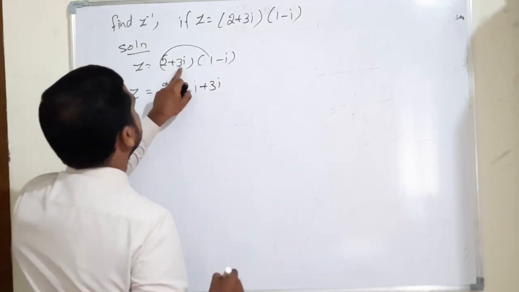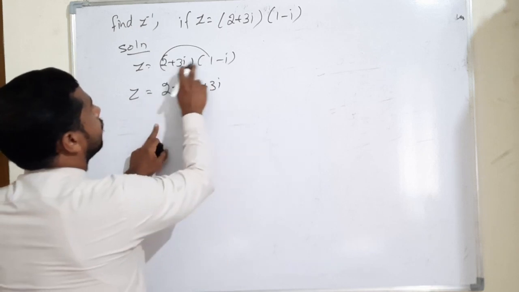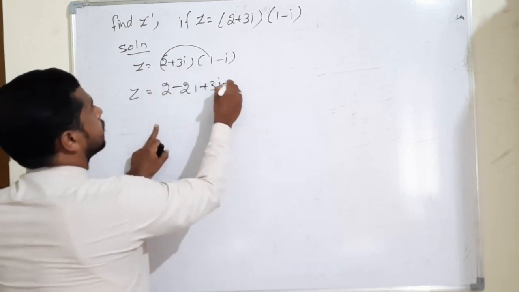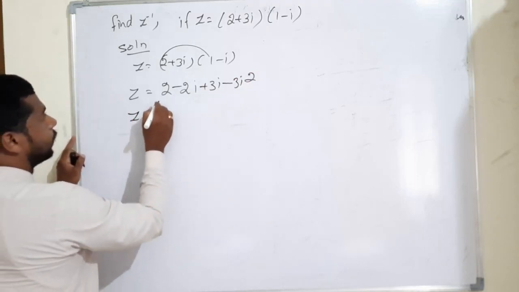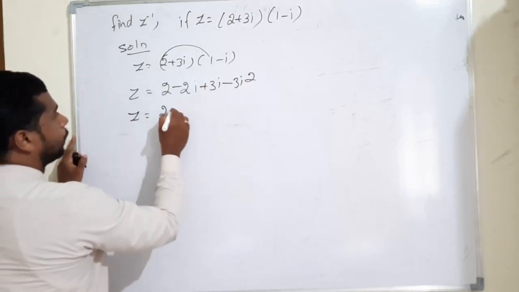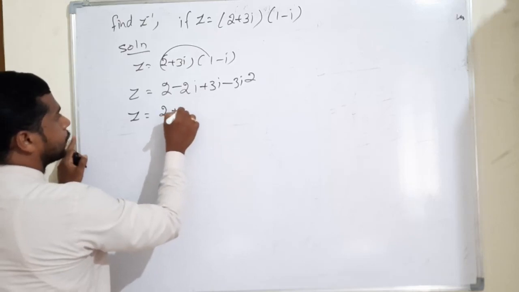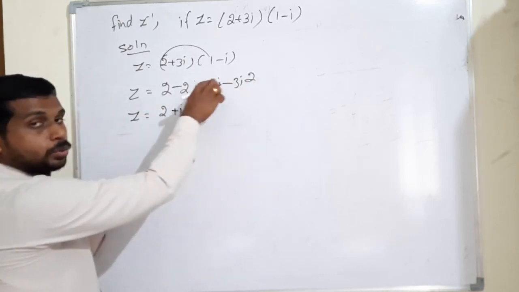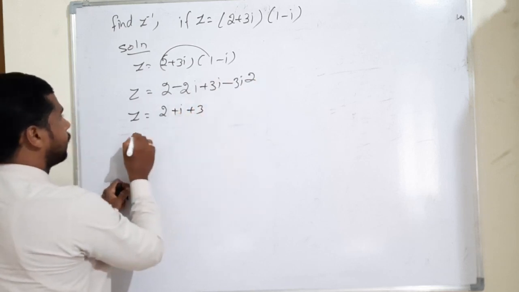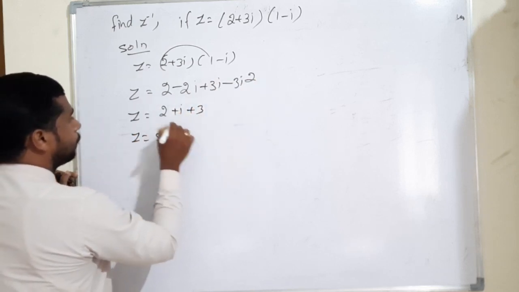Then listen very carefully: plus into minus, minus 3i square. Therefore Z is equal to 2, minus 2i plus 3i means plus i. Then minus i square means minus 1, minus into minus plus, so plus 3. Therefore Z is equal to 5 plus i.